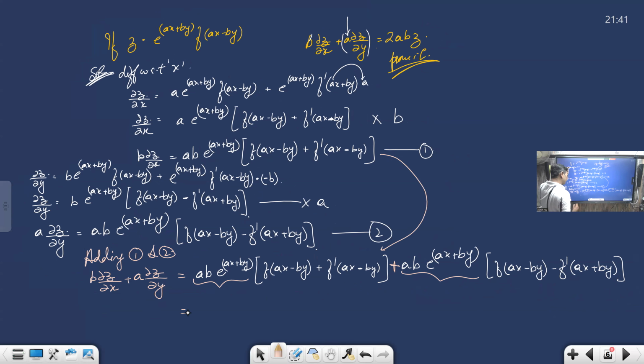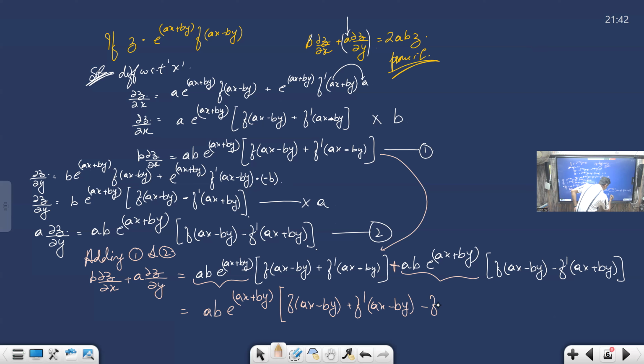And what is this? Sir, ab e to the power ax plus by common, and I will be left with f of ax minus by plus f dash of ax minus by plus f of ax minus by minus f dash of ax plus by.